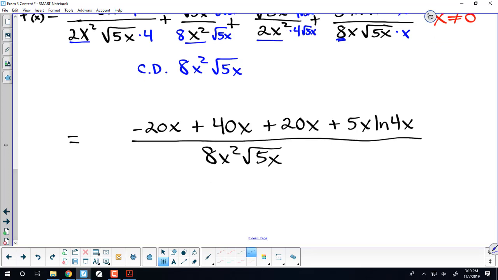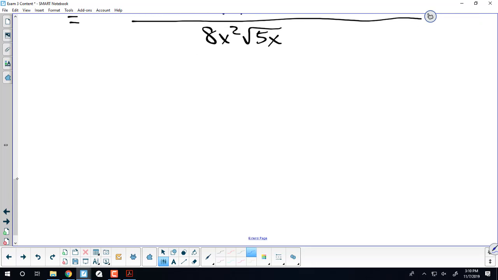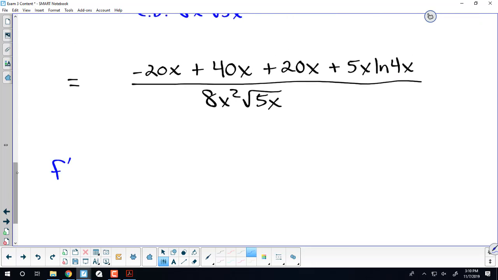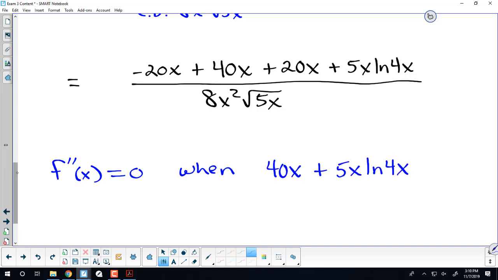So second derivative is 0 when our top is equal to 0, when 40x plus 5x ln 4x is 0.